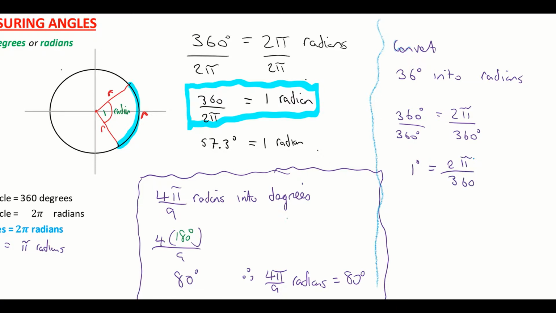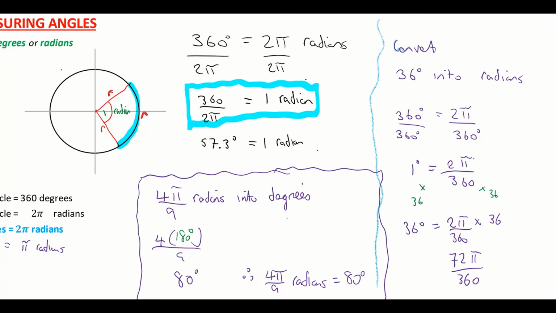I need to find the value of 36 degrees. So I'm going to multiply both sides by 36. So 1 degree multiplied by 36 is 36 degrees. And then I'm also going to multiply 2 pi over 360 multiplied by 36. And when you multiply 2 pi by 36, you are getting 72 pi all over 360.